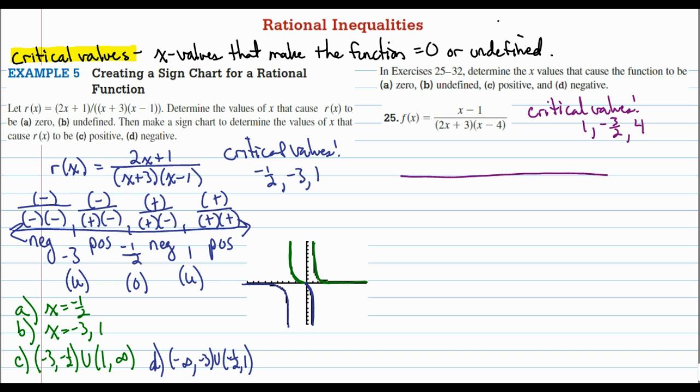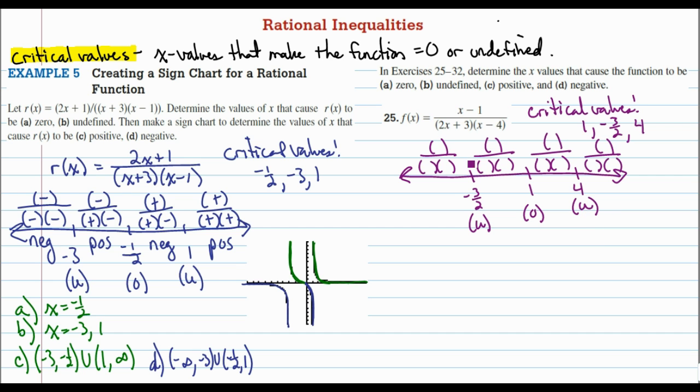So those are the values I'm going to put on my number line, as well as label them according to what they make the function. So -3/2 will make the function undefined, +1 will make the function 0, and then +4 will also make the function undefined.